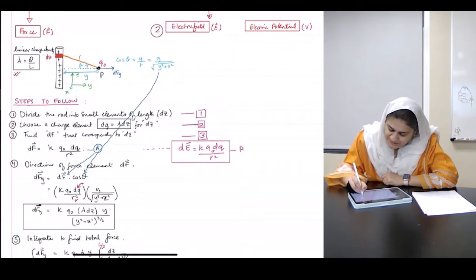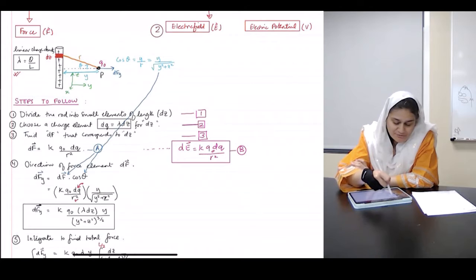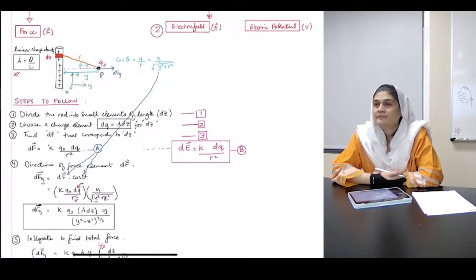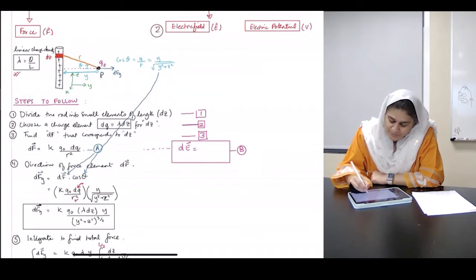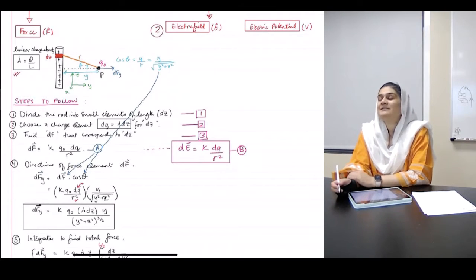I'm going to call this B. Oh, wait, this should not be there. My bad, there should not be Q's there. This should be K dQ over R squared, because we are now looking for dE.